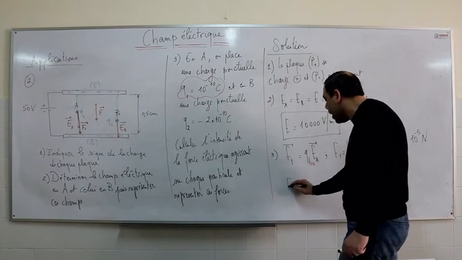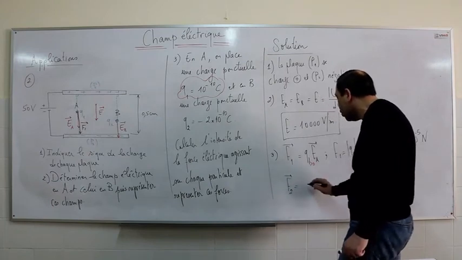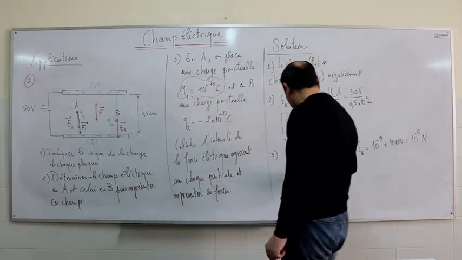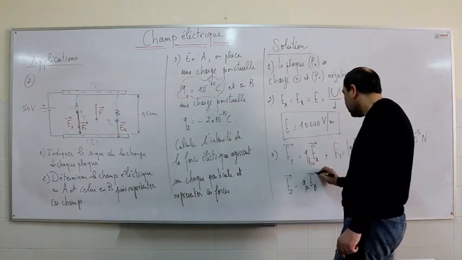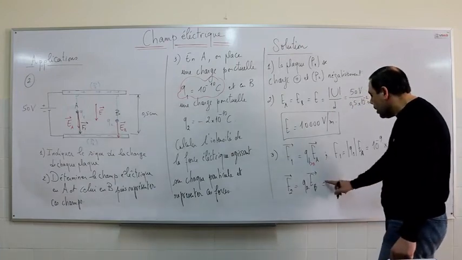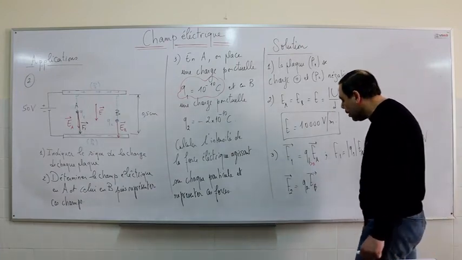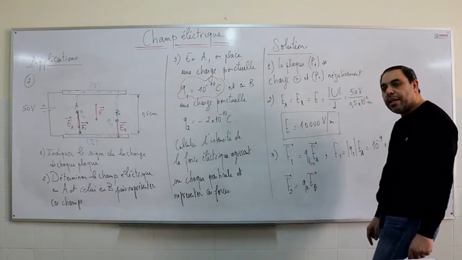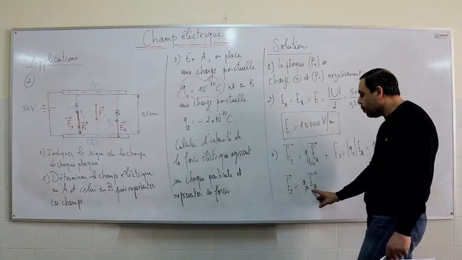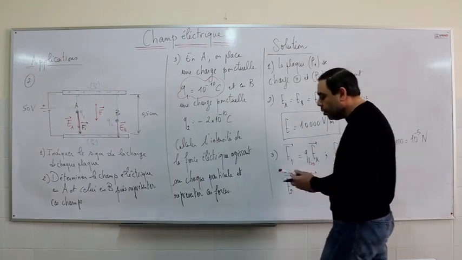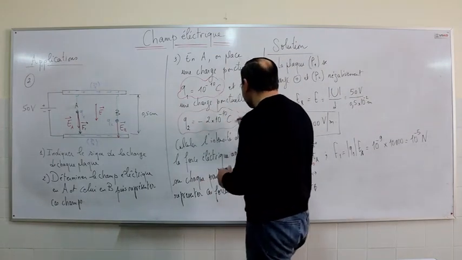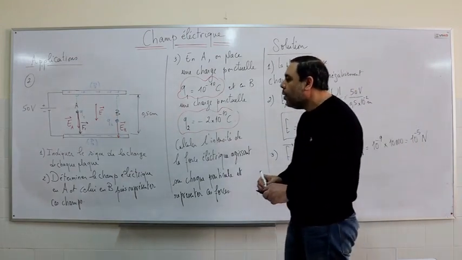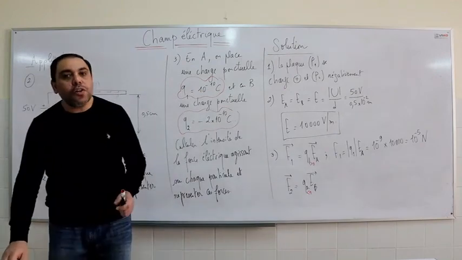Now let's determine the force F2 acting on Q2. Q2 is found in the field EB. F2 and EB are collinear vectors, since they are proportional. Q2 is negative. As a result, F2 and EB have opposite directions.